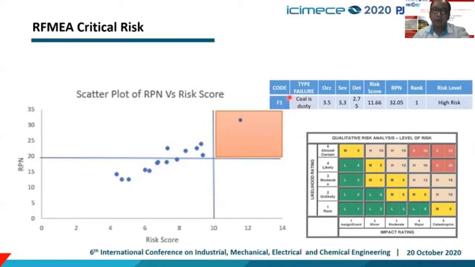That one is called Dusty, with a risk score of 11.66 and an RPN value of 32.05, and the risk level is high risk. So the position is about here.